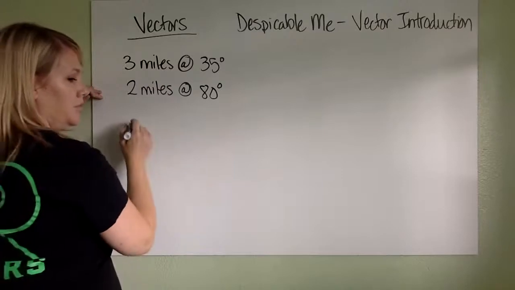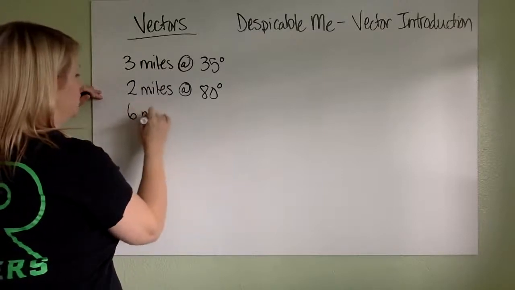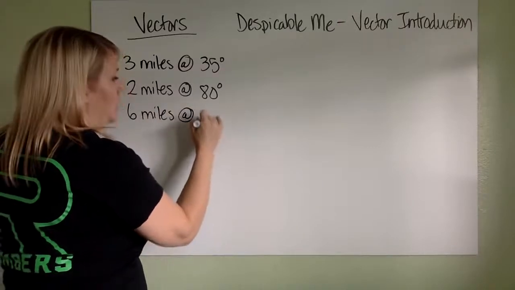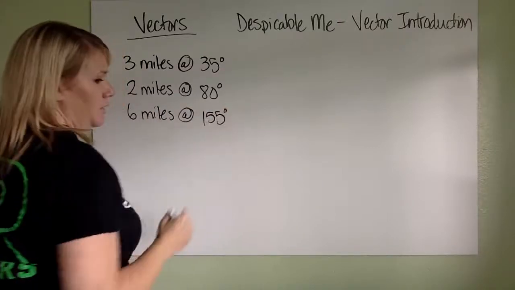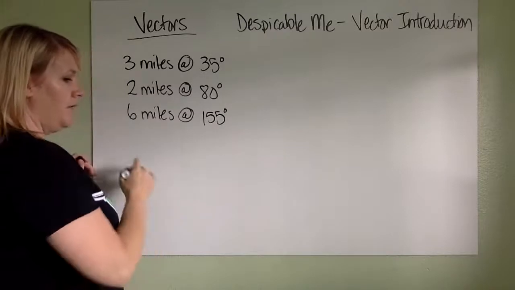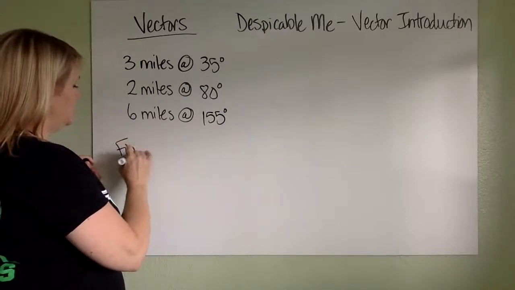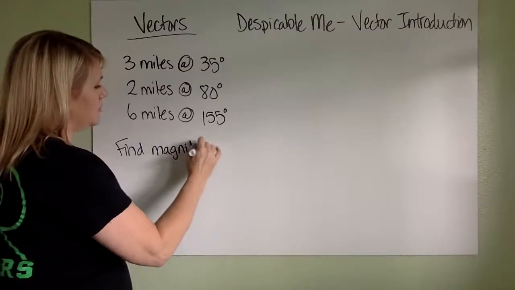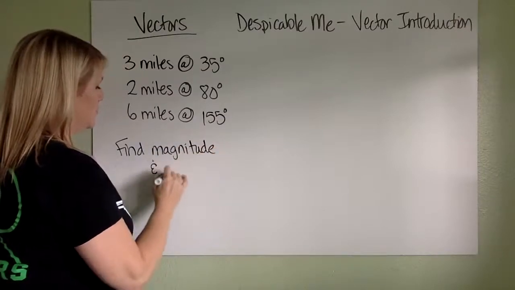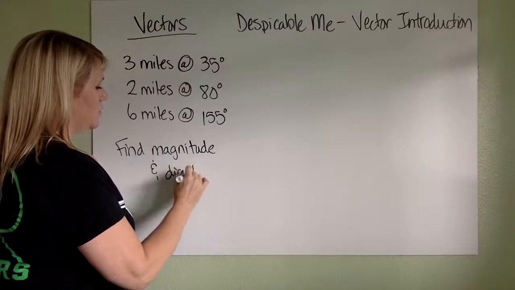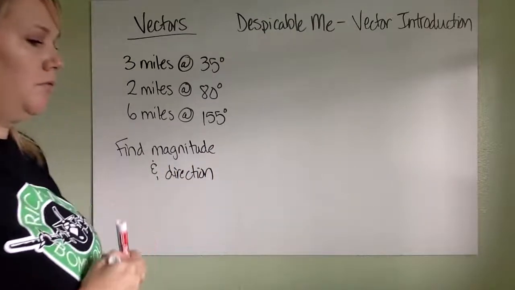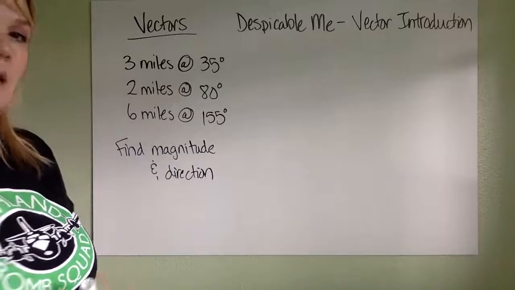Finally, Angela turns and walks 6 miles at 155 degrees. Find the magnitude and direction of the resultant when the three vectors are added together.